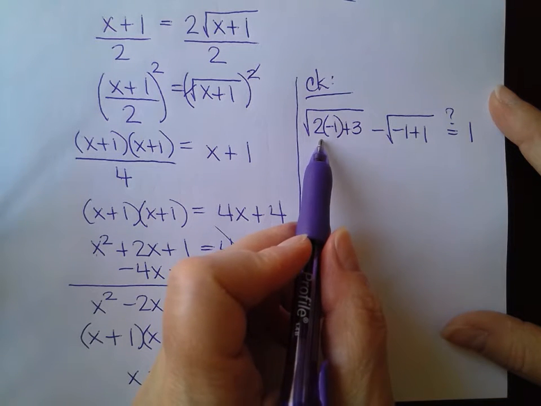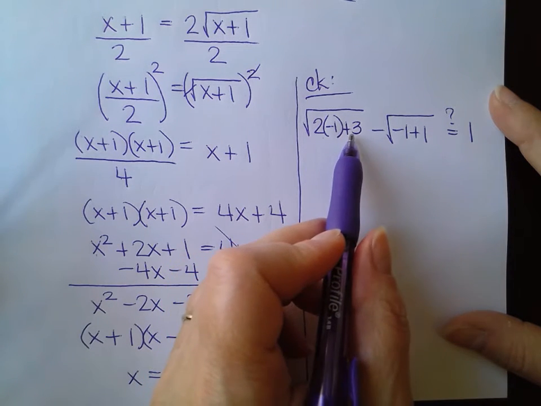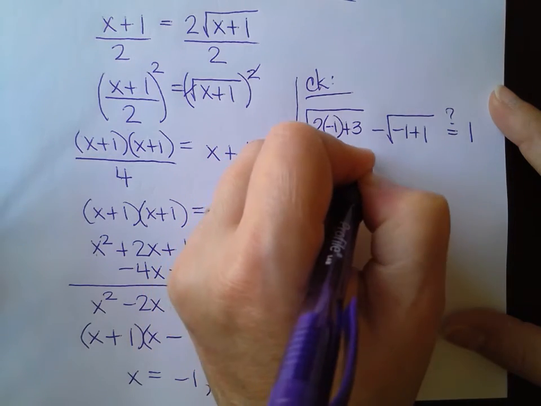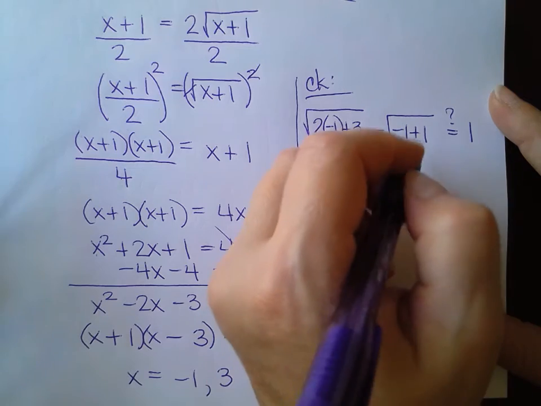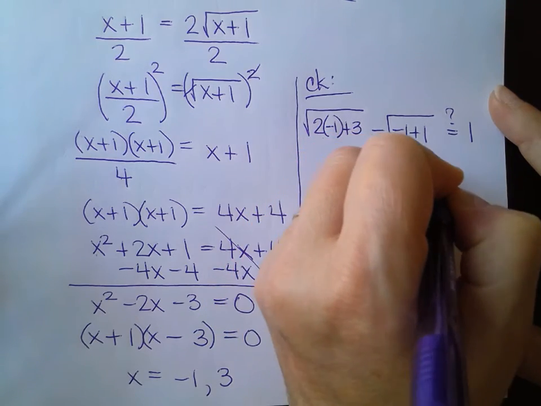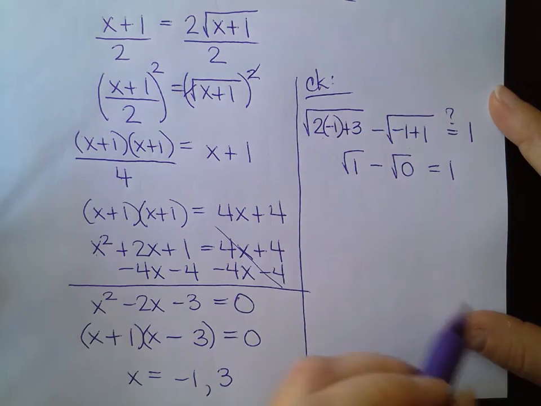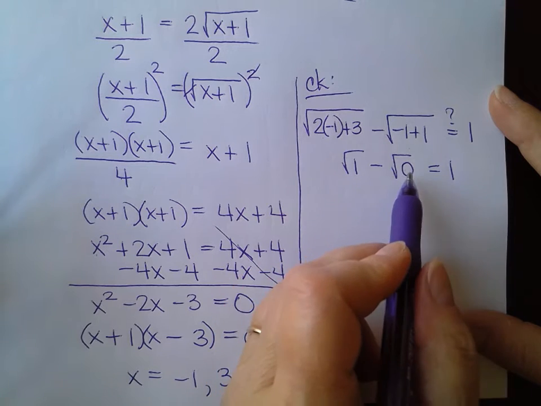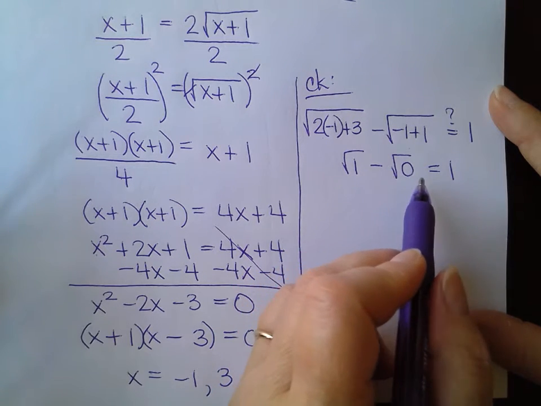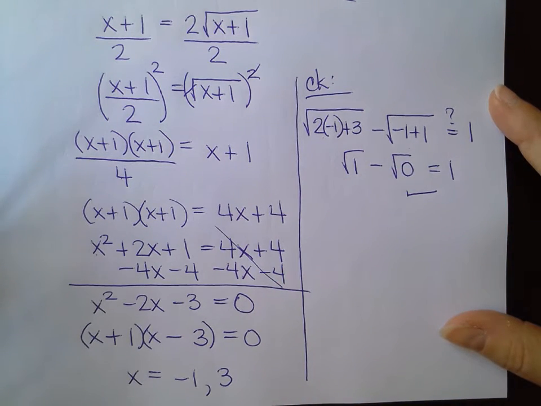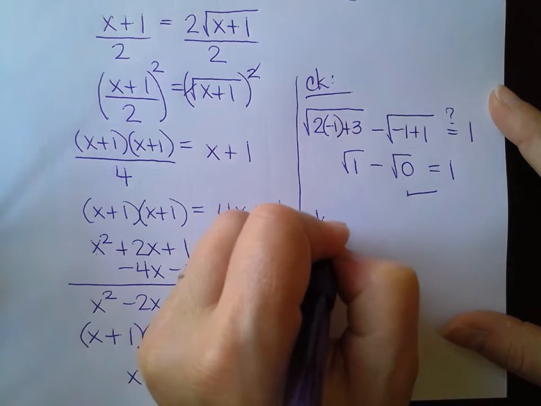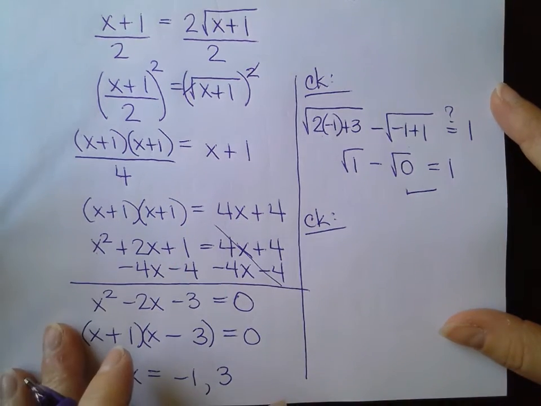So I have the square root of, this is -2 plus 3. So this is the square root of 1 minus the square root of 0 equals 1. The square root of 1 is 1, and the square root of 0 is 0. So 1 minus 0 equals 1. That works out. So -1 is a solution. Now let's check 3.